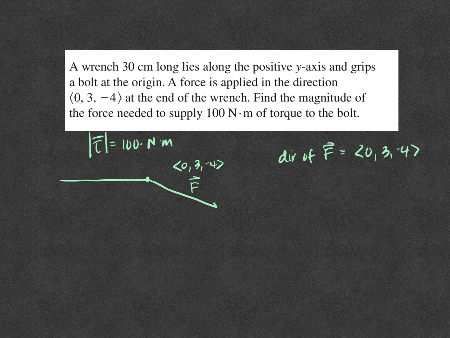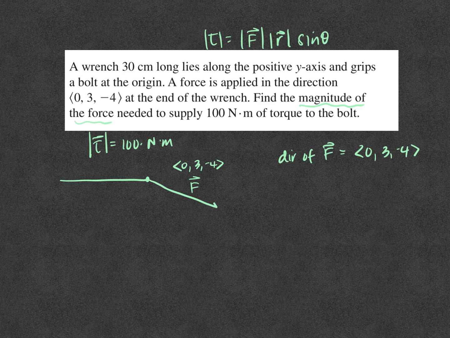We have our direction of F, but we're actually looking for the magnitude of F, not just the length of F. So in order to find this, we're going to have to use the length of tau equals the length of the force times the length of the position vector times sine of theta. We don't have theta either, so we technically don't have our r direction either.